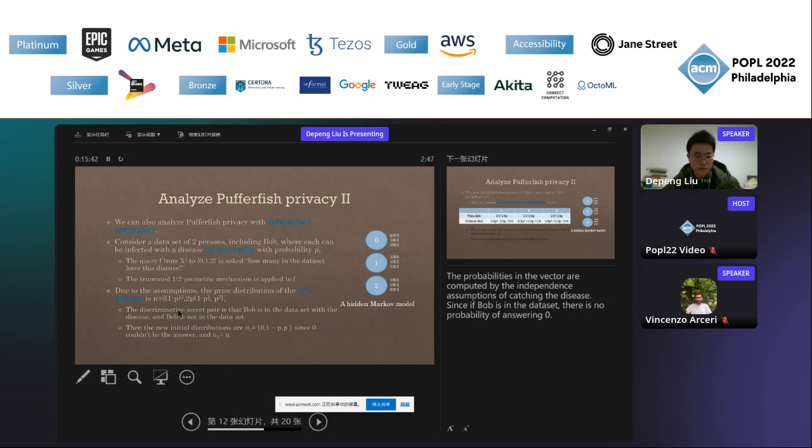And the discriminative secret pair here is that Bob is in the dataset with the disease, and Bob is not in the dataset. Then the new initial distributions are pi1 equals to (0, 1 minus p), since 0 couldn't be the answer if Bob gets the disease and he is in the dataset, and pi2 remains as pi.